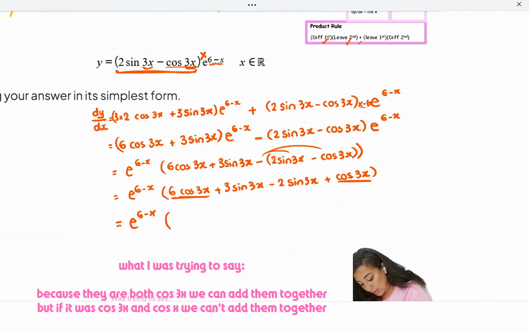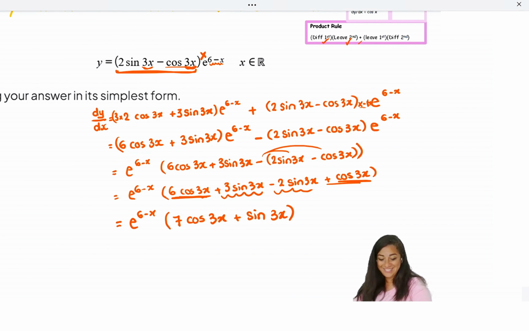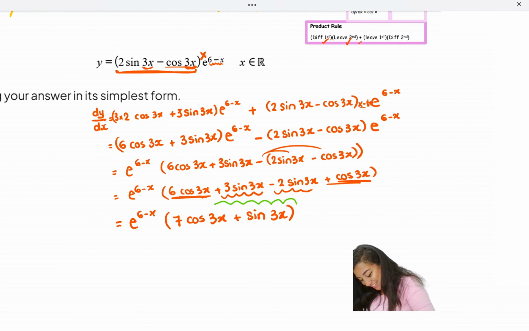So 6 cos 3x plus cos 3x is like 6 of that plus 1 of that, so 7 cos 3x. And here you've got 3 sine 3x minus 2 sine 3x. 3 minus 2 is 1, so plus sine 3x.